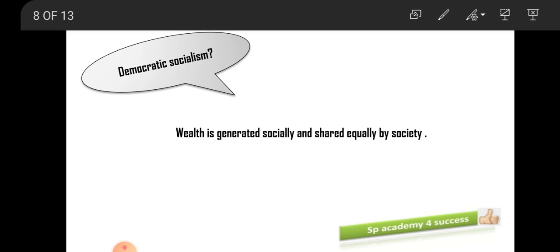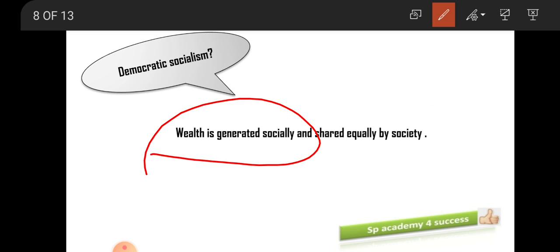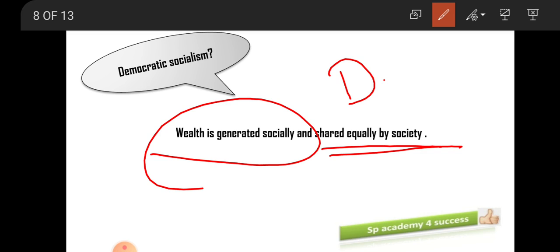Wealth is generated by the government socially and is shared equally in the society. It means each and every member in the society will get an equal distribution. This is called distributive justice. This equal distribution of wealth is called distributive justice.